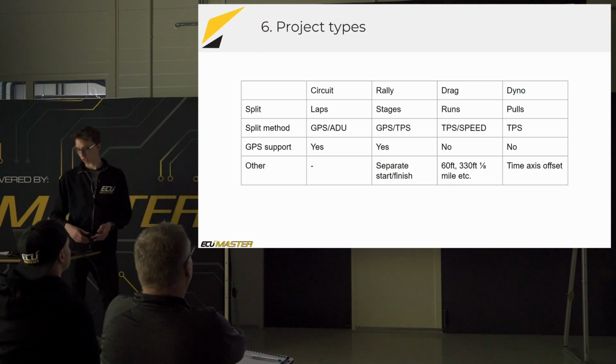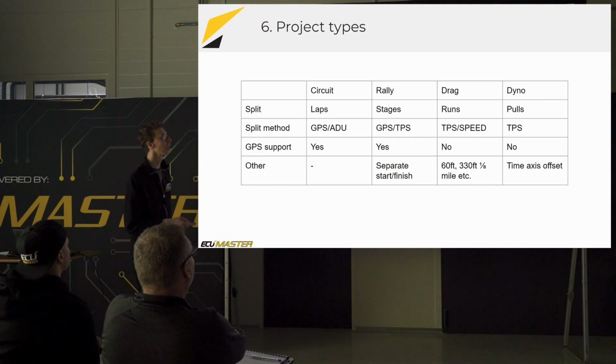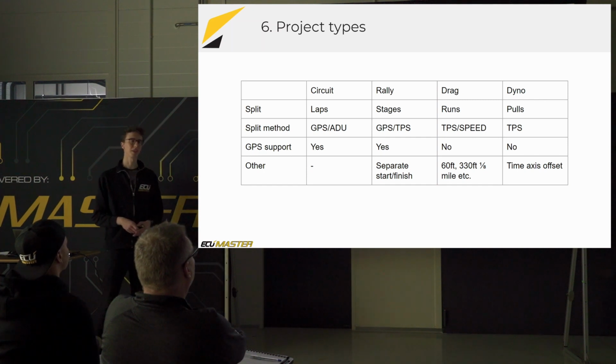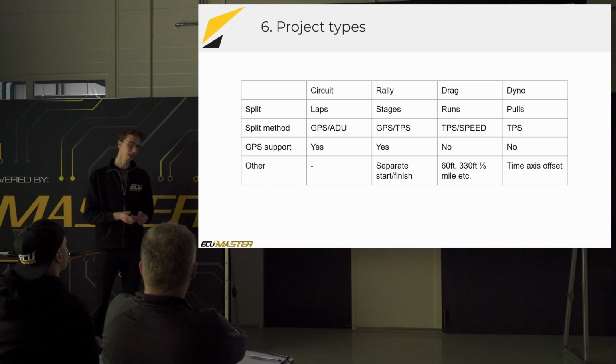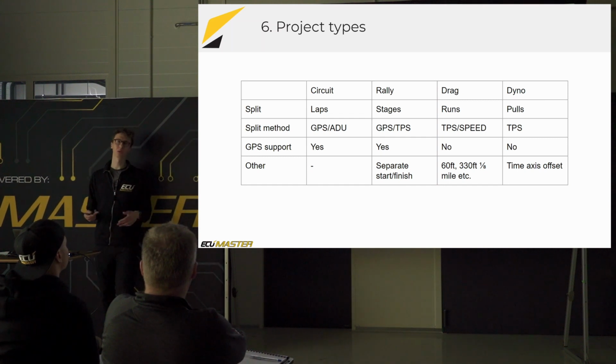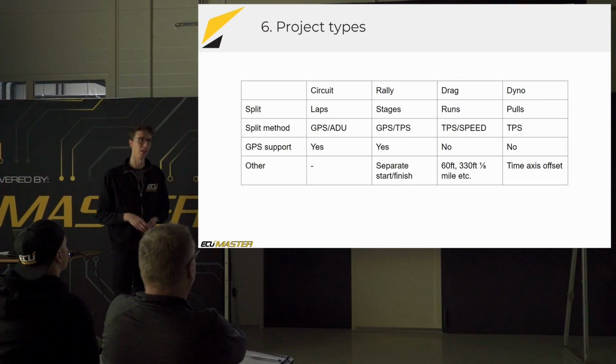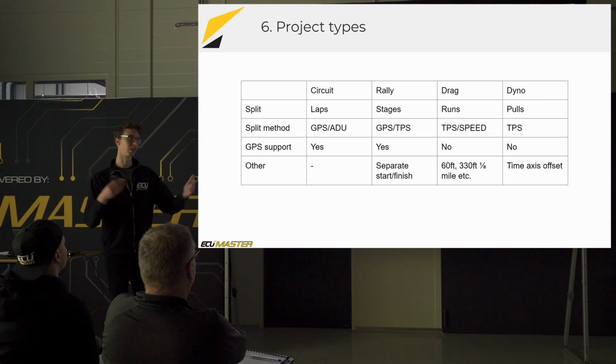Yeah, talk about it. And an interesting project type is a dyno pool, because if we have a log from the dyno, how do we split it and compare different parts of this log?